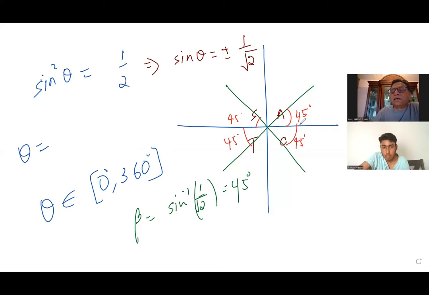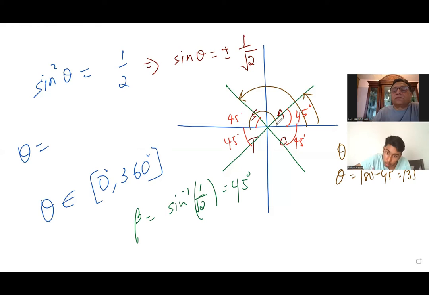What are the principal angles? So the principal angles will be 45 degrees. Let me write theta equals 45 degrees. Then this much, which is 180 minus 45, 135 degrees.